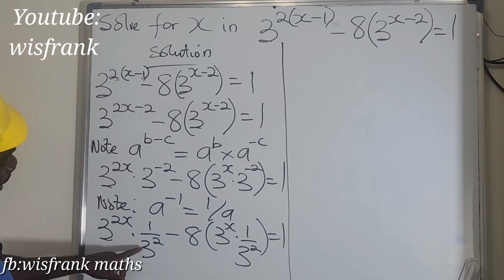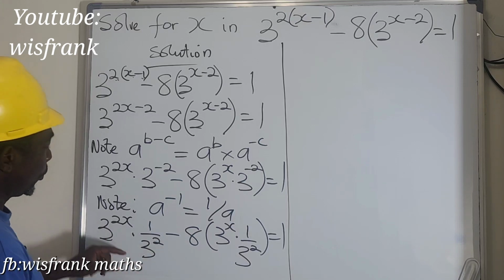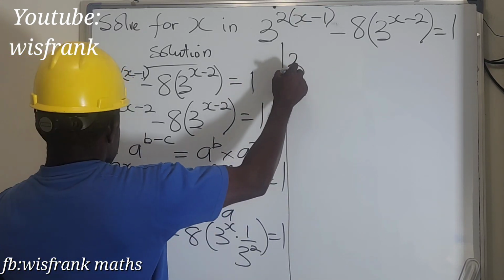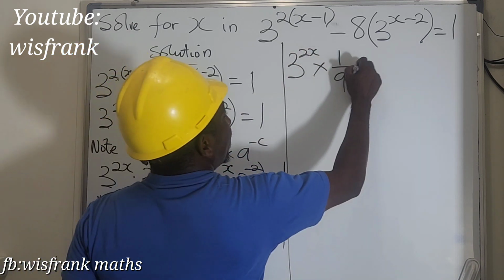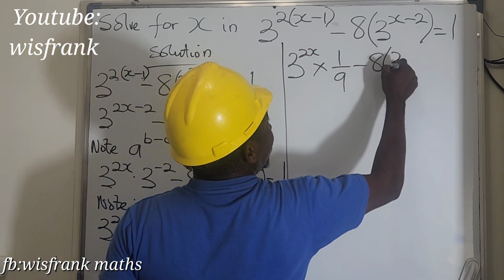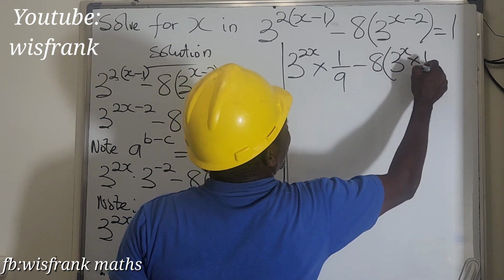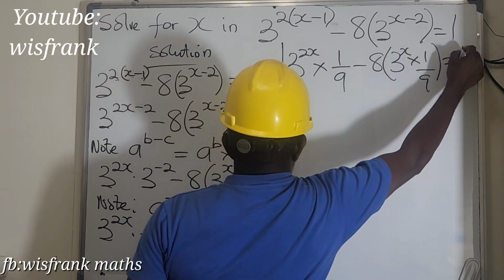So here, 3 to the power of 2 is 9. That will become 3 to the power of 2x times 1 all over 9, minus 8 into 3 to the power of x times 1 all over 9, equals 1.